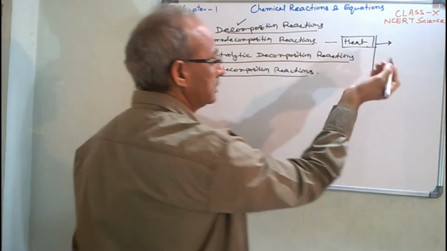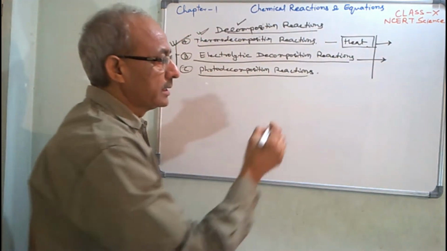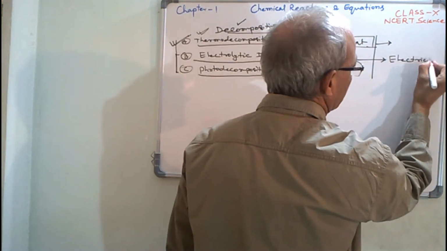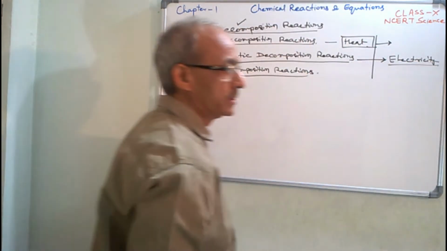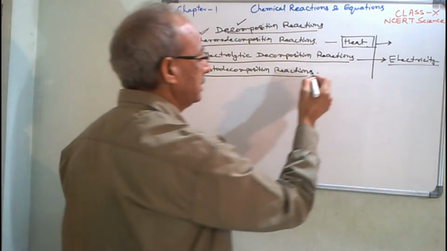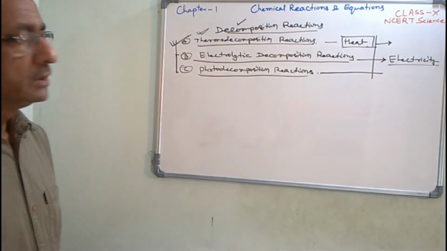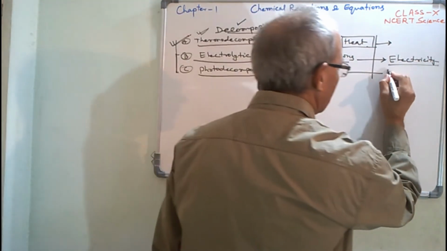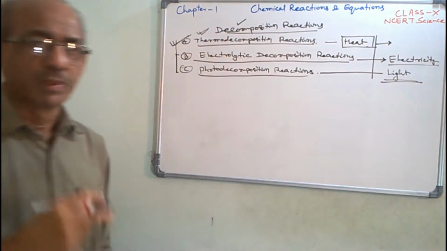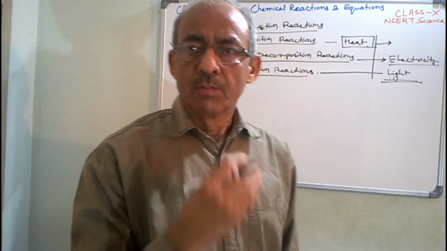Electrolytic decomposition reactions are those reactions which require electricity, in the form of energy, to split a particular substance into two or more substances. And photo-decomposition reactions are those chemical reactions which require light, particularly the sunlight, to decompose or split a particular substance into two or more simpler substances.